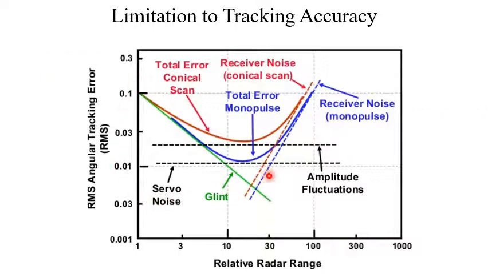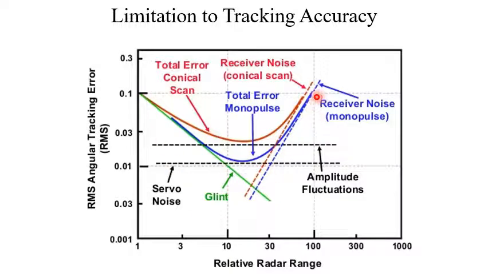Now if we draw all these different errors and compare monopulse and, say, conical scan, the errors are plotted against radar range. The glint reduces with radar range, but for lower radar range the glint is very high.